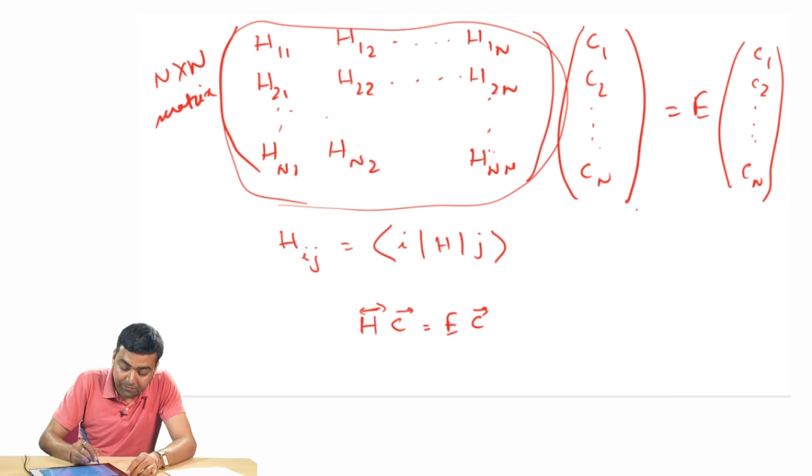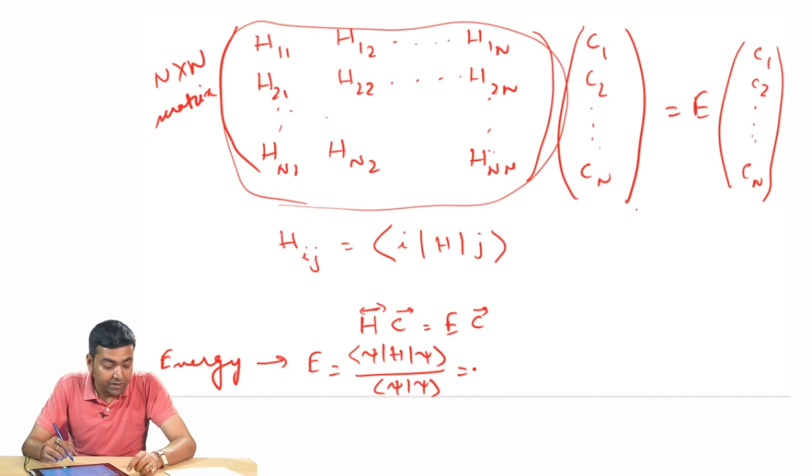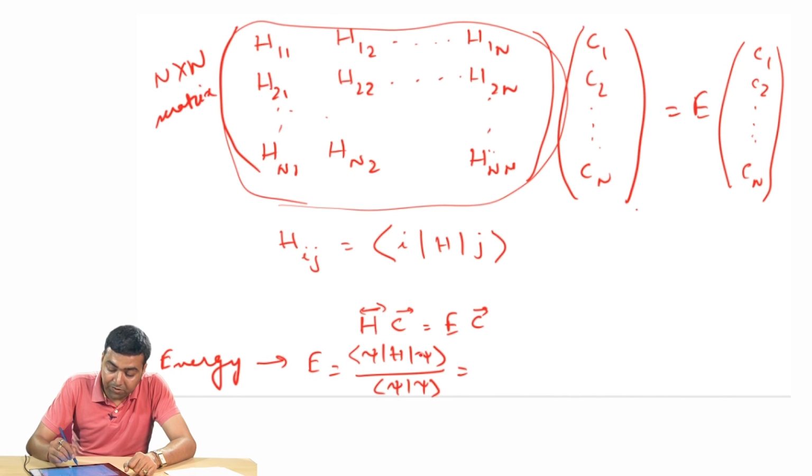So, in this formalism, the energy of the total system can now be given in this form. If you remember, my E is equal to <psi|H|psi>, the expectation value with psi star. Now, I am using a basis and doing a linear expansion of psi.